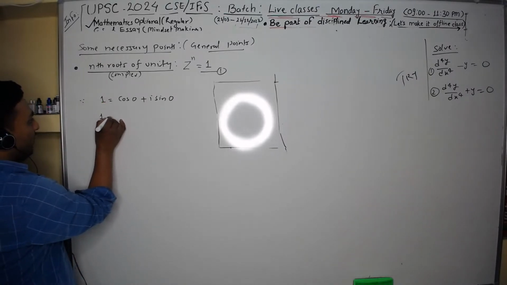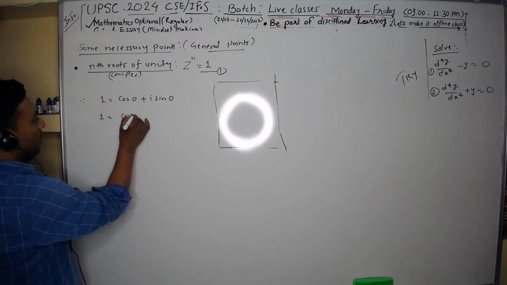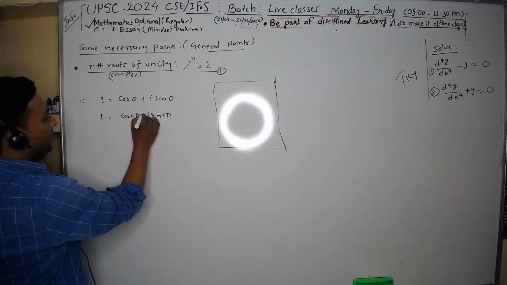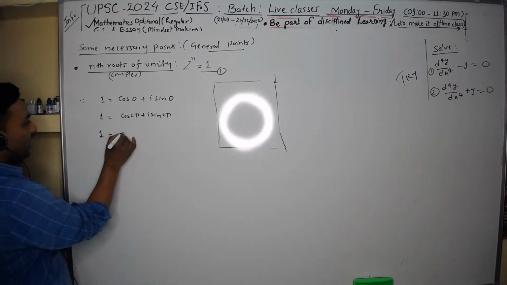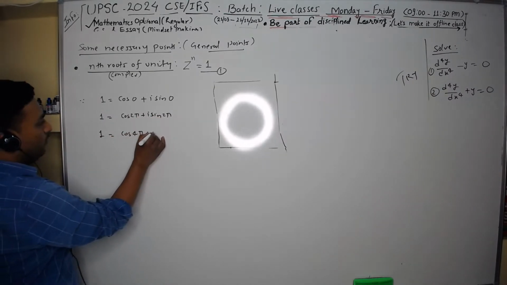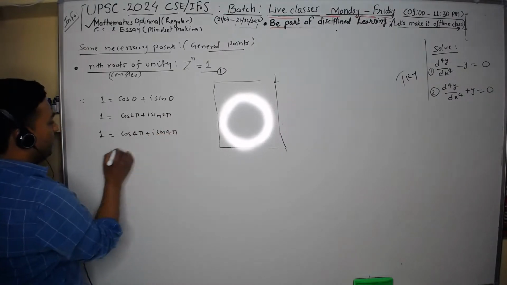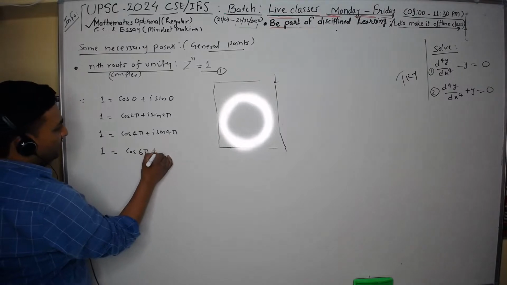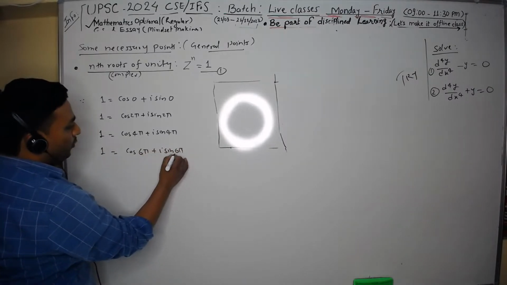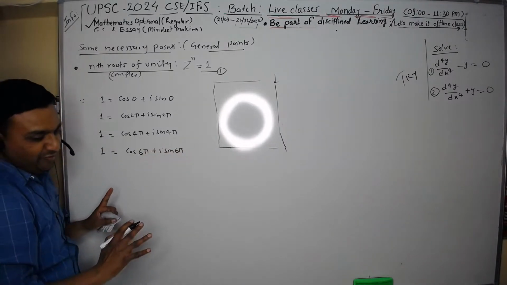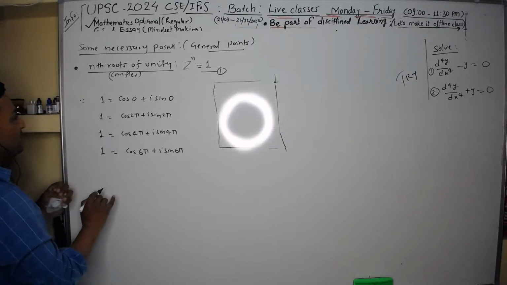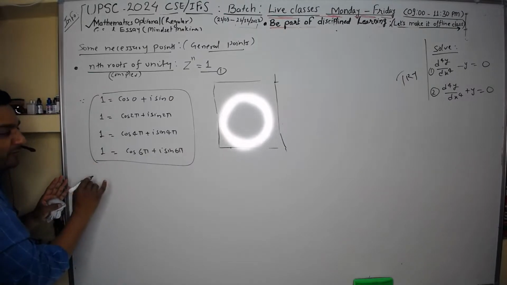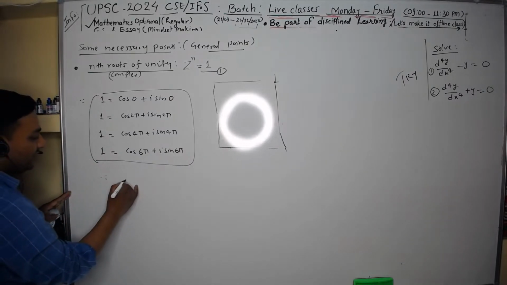1 also can be written as cos 2 pi plus iota sin 2 pi. 1 can also be written as cos 4 pi plus iota sin 4 pi. 1 can also be written as cos 6 pi plus iota sin 6 pi. Fair? चलिए, जस्ट बच्चे की तरह समझा रहा हूं. आप ध्यान देना.